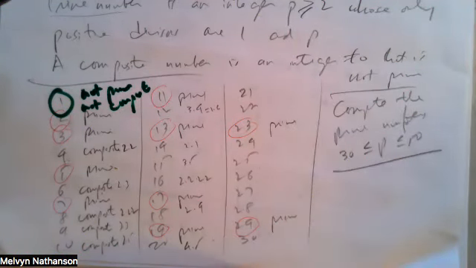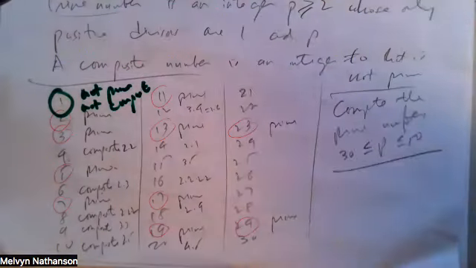What are the divisors? What's the number that divides 31? One. Yes. What else? And 31. Right.